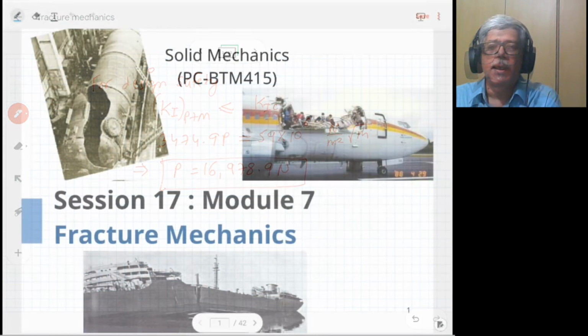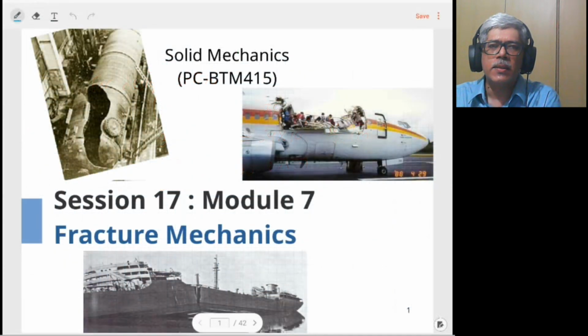In the end, let me recap what we have seen in this particular session. So the fracture mechanics is a specialized branch of solid mechanics where we deal with objects which are not homogeneous, considering cracks. So in the presence of cracks, how to evaluate the components is the main focus of this topic.